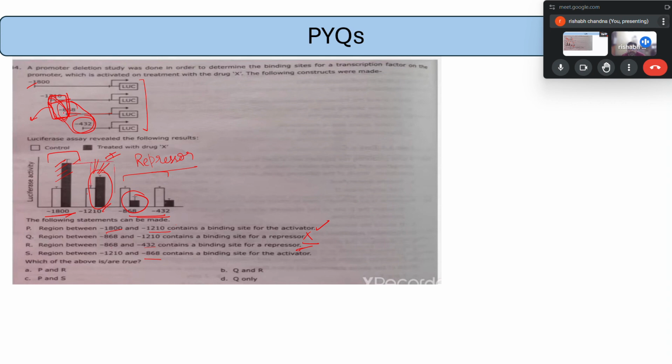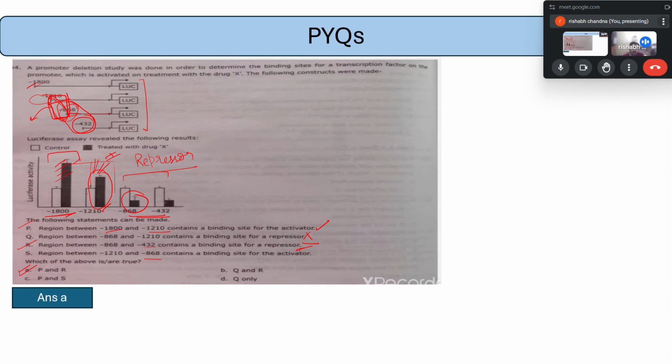Okay, this can be the extended region for the binding of the activator, but this cannot be the full activator site. So the correct options would be P and R. This region is for the activator and this region is for the repressor. So the correct option is option A.